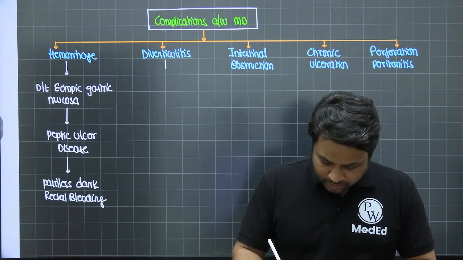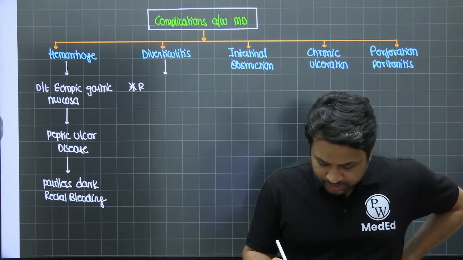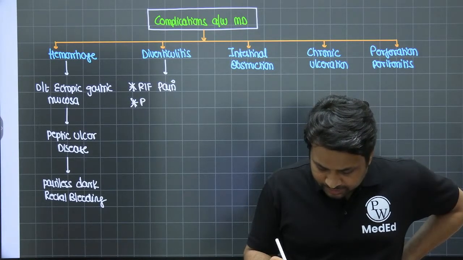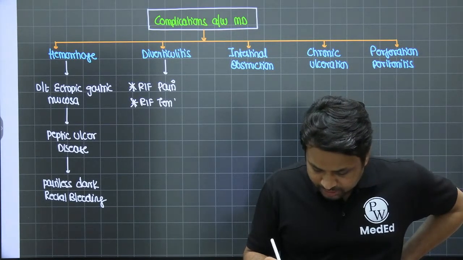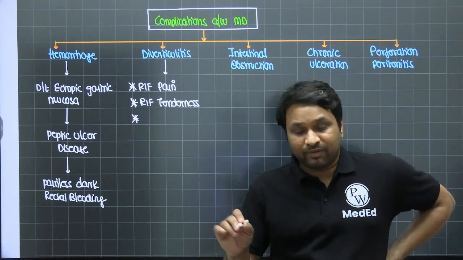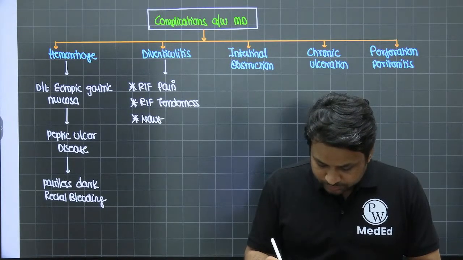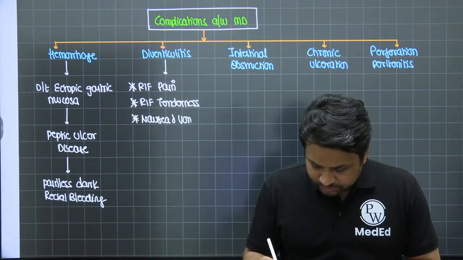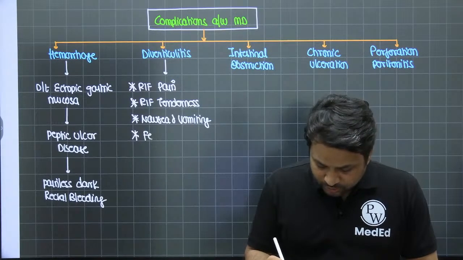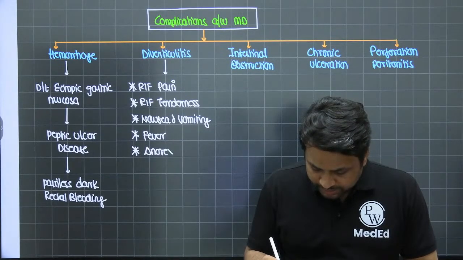In diverticulitis, because it is present in the right iliac fossa, the patient will present with right iliac fossa pain and right iliac fossa tenderness. Because of bowel inflammation, there will be nausea as well as vomiting, fever, and because of nausea and vomiting, anorexia as well.